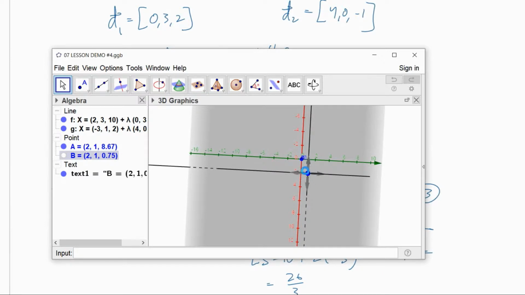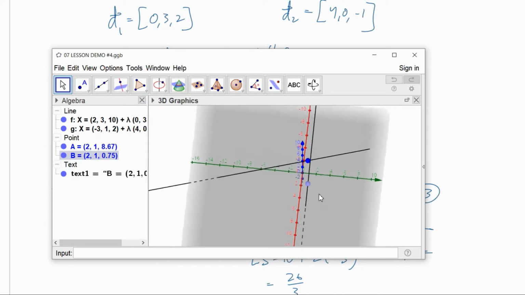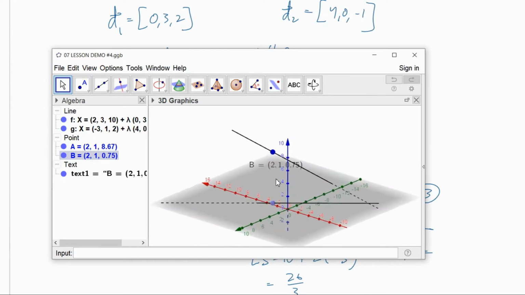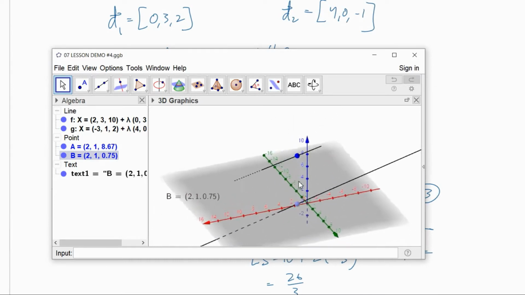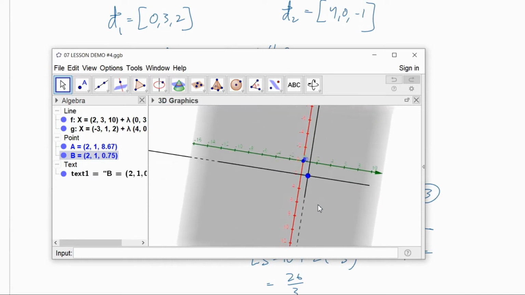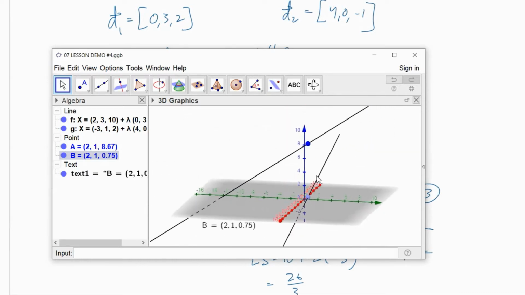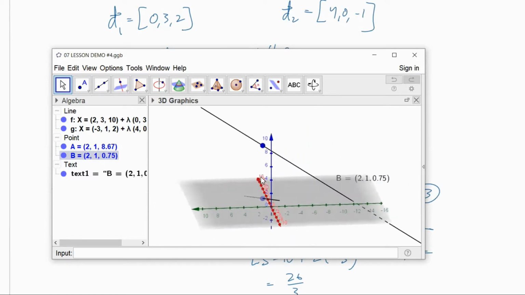Right? But watch. Whoa. What actually happened there is I was looking at them from the top and it looks like they cross, but they actually don't because of that z-axis. They cross in the x and the y, but not in the z.